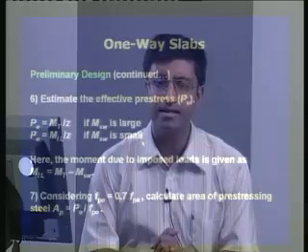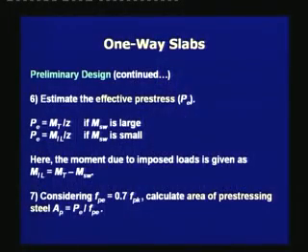These are some rough guidelines to estimate the prestressing force given the moment and an estimate of the lever arm. Here, the moment due to imposed loads is given as MIL is equal to MT minus MSW. That is, it is the moment due to the superimposed dead load and the live load. How are we calculating that? We are subtracting the self-weight moment from the total moment, and we are saying that that is the moment due to the imposed loads.